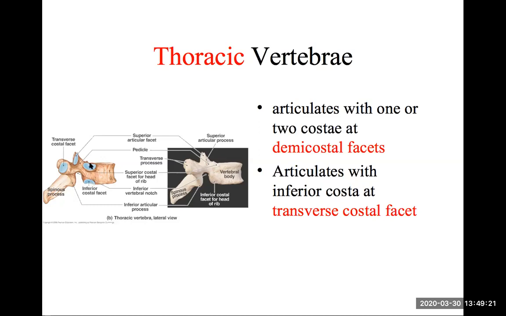So there'll be a rib sitting here and a rib sitting here. Okay, sorry, I said 4, there's only 3 extras. And then the last extra structure is here, the transverse costal facet, and it's found on the transverse process, and that also articulates with a rib or a costa. So we're going to touch 2 ribs, but we've got 3 different places that we're going to do it.